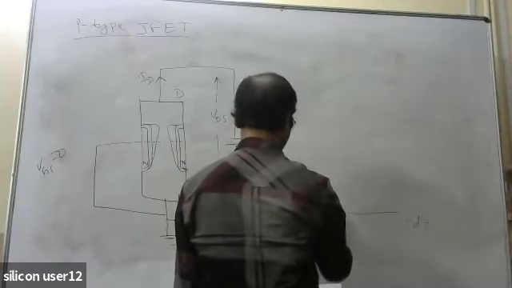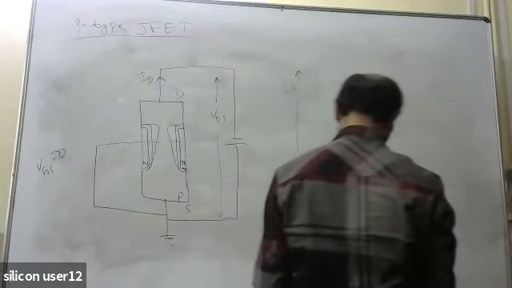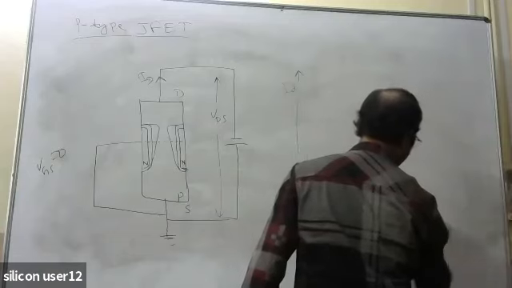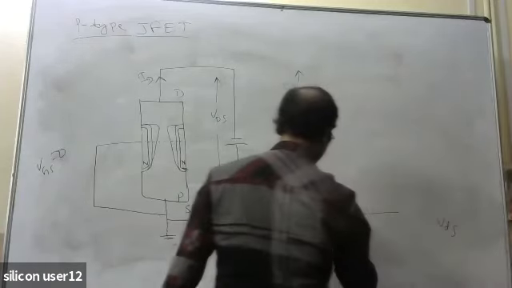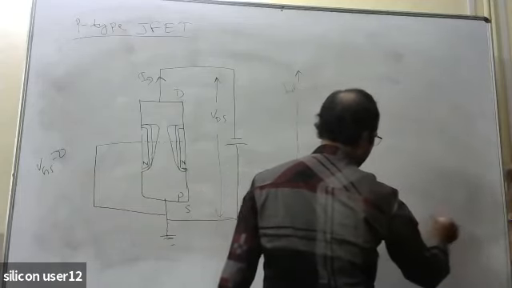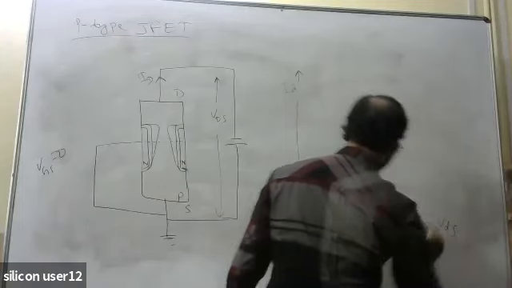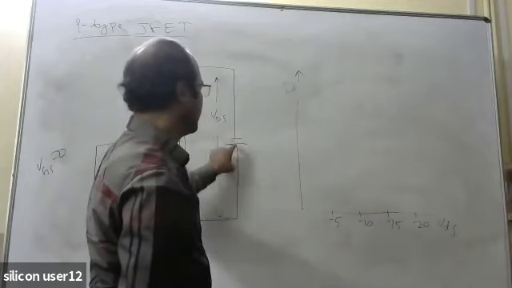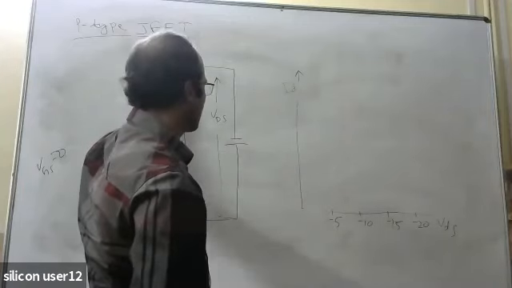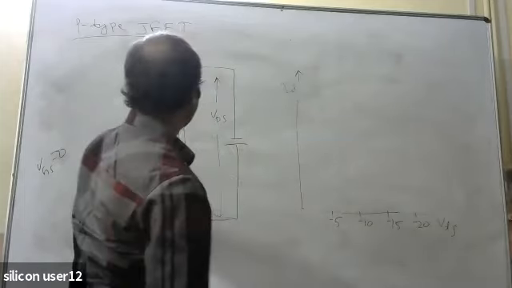Now I can draw VDS versus ID. Here, let us say -5, -10, -15, -20. Initially when -5 volt is applied, there is some current flowing, and as this VDS value increases, say to -10, the current increases.